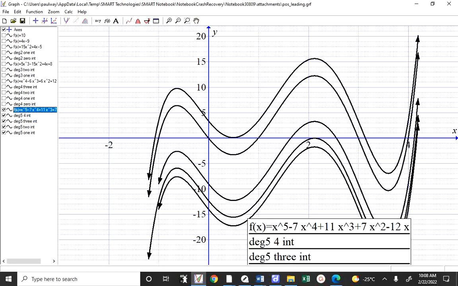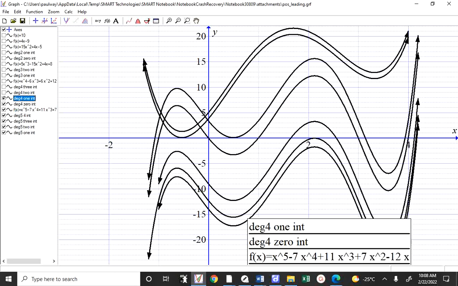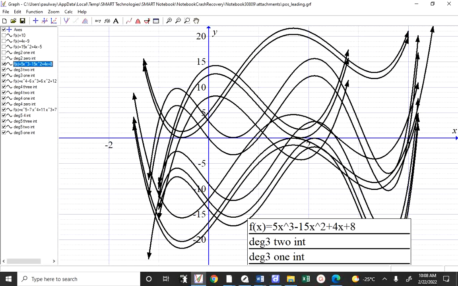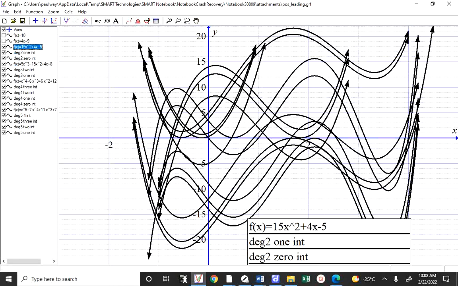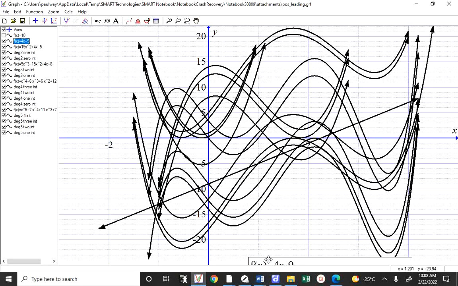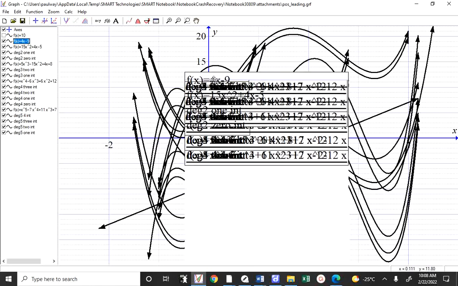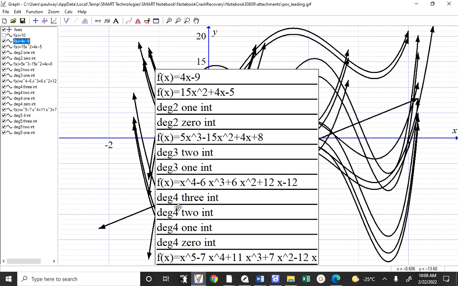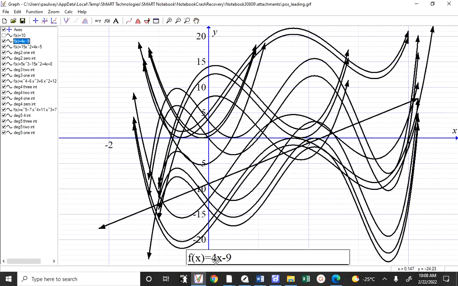It's going to get really ugly, with the exception of the constant polynomial function. Whew, wow. There are all of the polynomial functions, and it's a mess, right? What do they all have in common? What do all of those graphs have in common?